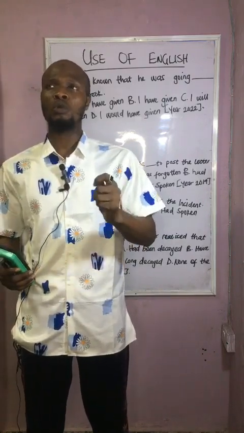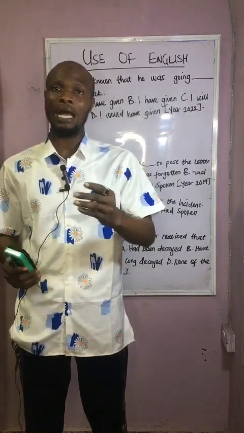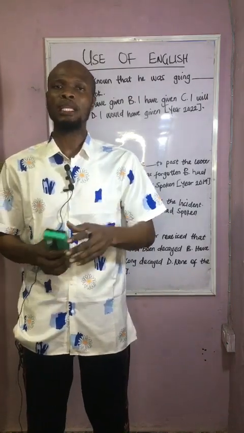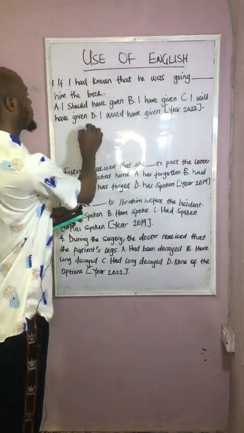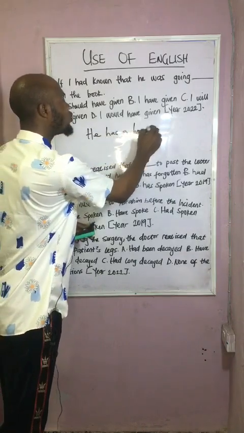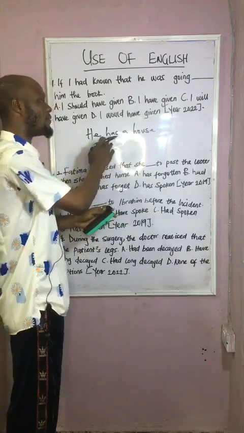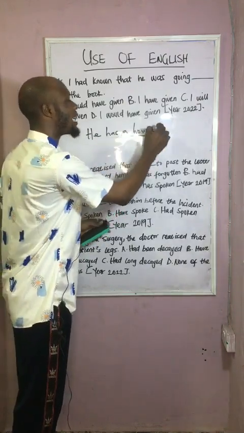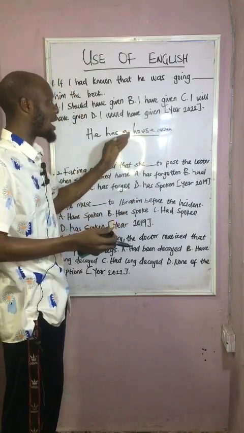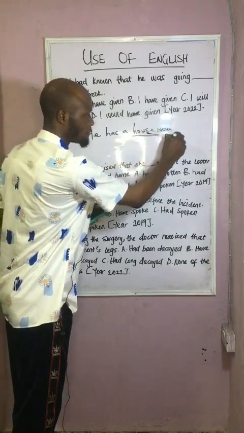If you are to know if a particular auxiliary verb has, have, or had performs the function of possession, something is important. We have: he has a house. If has, have, or had is followed by either a noun or a noun phrase, that is when it performs the possession function.